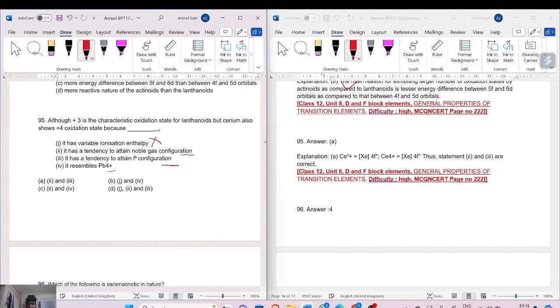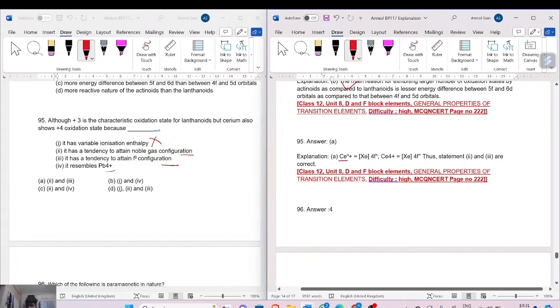So let's check by writing the electronic configuration. The electronic configuration for Ce3 plus will be xenon, then 4f1. When we write for Ce4 plus, one more f electron will be removed, so it will become xenon and then 4f0.